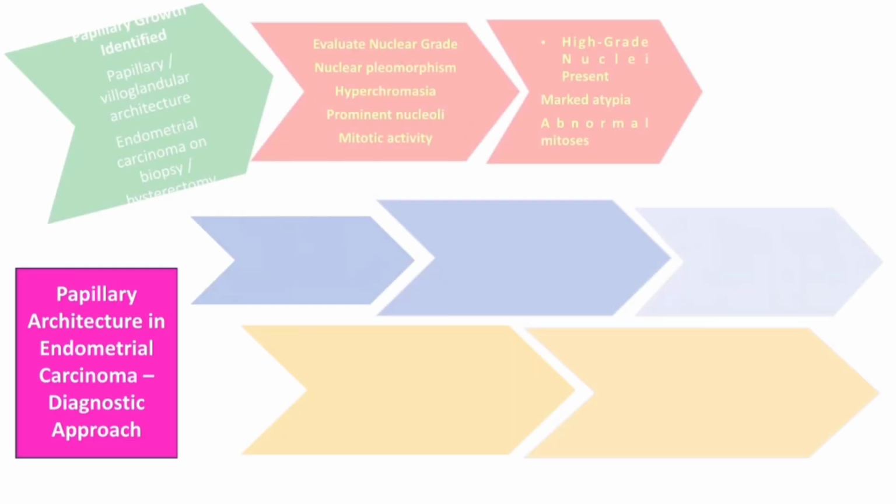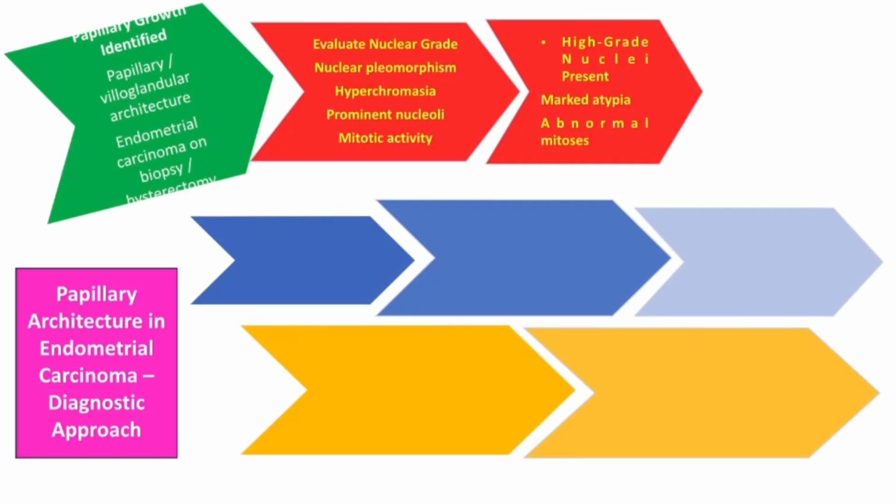Now, papillary features we have discussed. It is not necessary that if papillae are seen, it is serous carcinoma. Whenever we see papillary features in endometrial carcinoma, of any type, either endometrioid or serous, we have to go for its nuclear features. So whenever papillary architecture is seen, what is the diagnostic approach? Papillary growth may be identified in an endometrial biopsy or hysterectomy specimen.